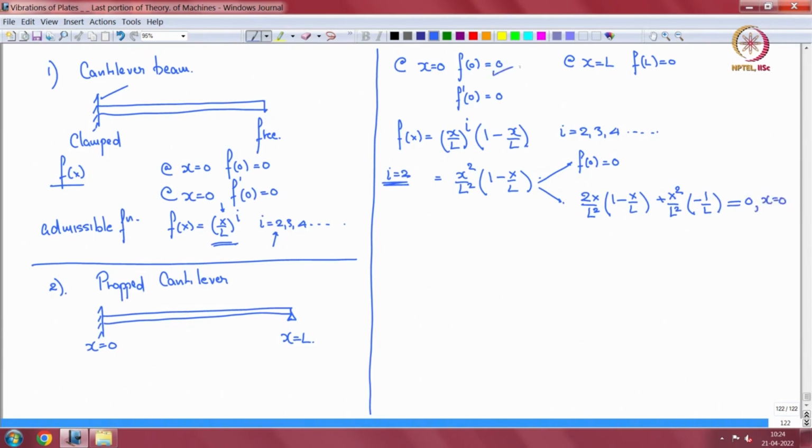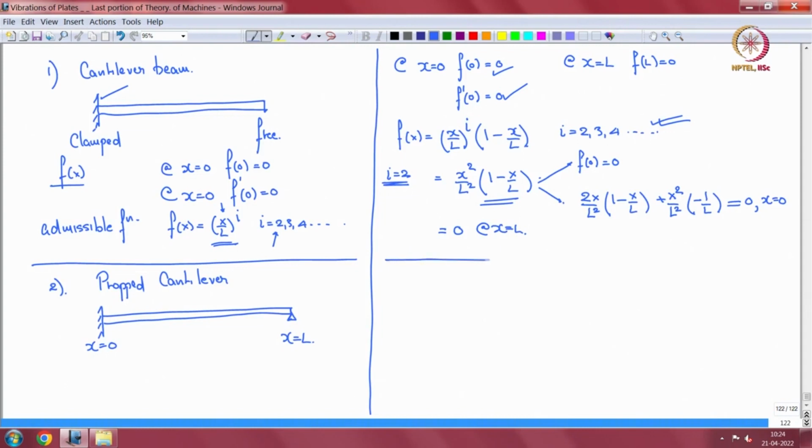So these two are satisfied, and at x equal to L, this goes to 0. So this is a set of admissible functions.